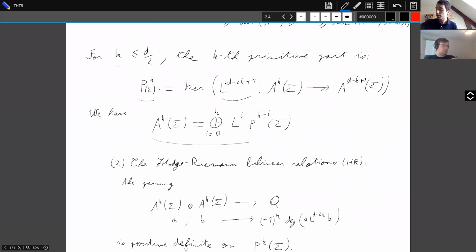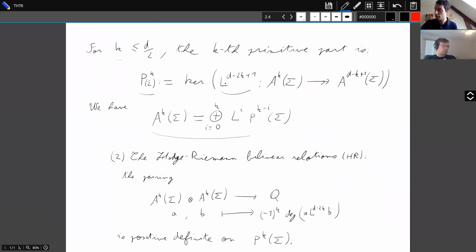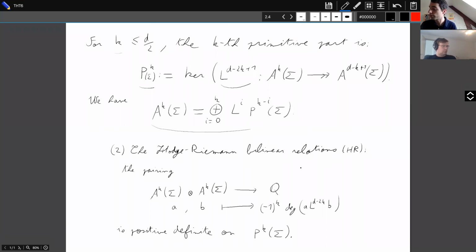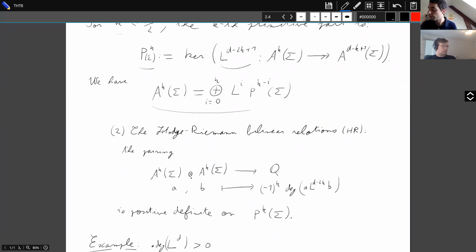So the second thing I ask for in the Kähler package is the Hodge-Riemann bilinear relations. And so I want the pairing from A^K times A^K to Q, which is given by, if I have A and B, I map it to (-1)^K times the degree of A L^(D-2K) B. So this is just the isomorphism from A^K to A^(D-K), and then I have the Poincaré duality pairing.